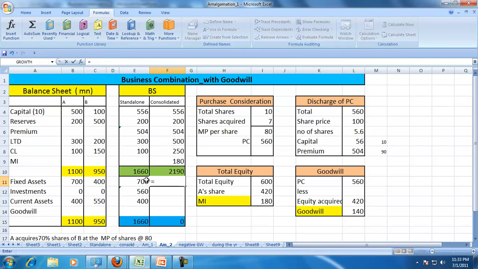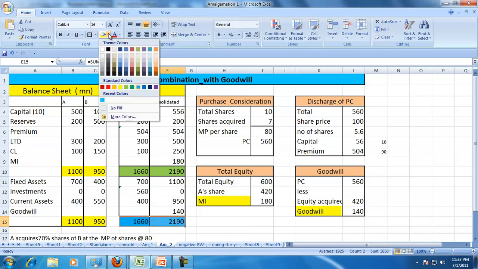The fixed assets in the consolidated will be fixed assets of A plus fixed assets of B. Investments will not be shown. Current assets of A plus current assets of B, and there is a goodwill, so goodwill will appear. So your balance sheet is ready.